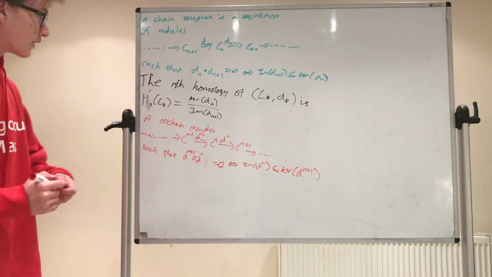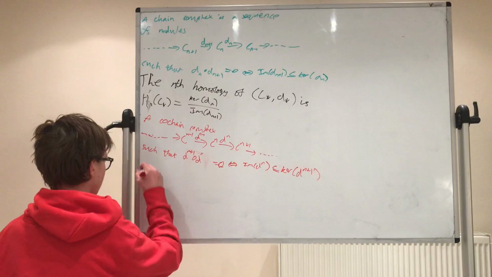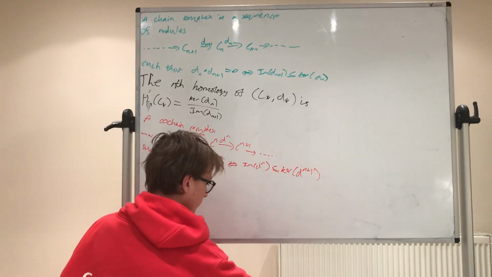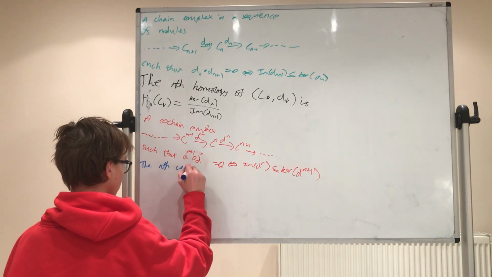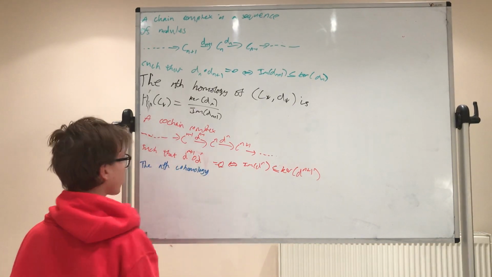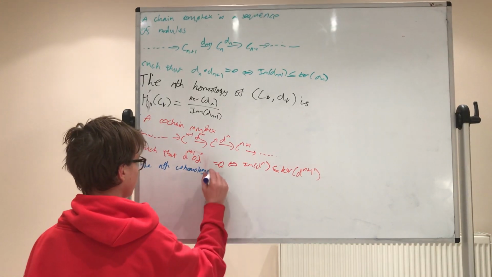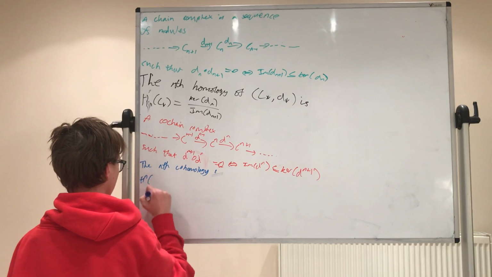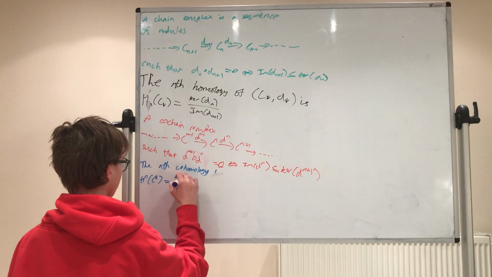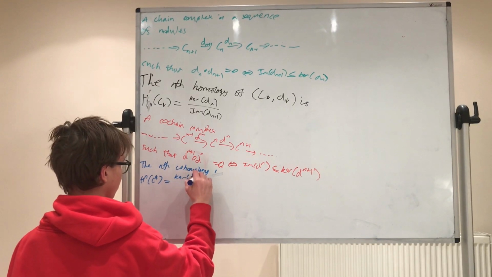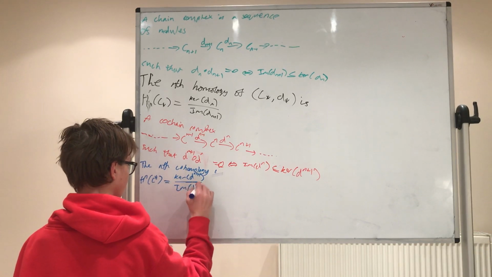Anyhow, again, we can measure the exactness with the nth cohomology. Let's use blue for this. The nth cohomology is defined as Hn of this complex equal to the kernel of dn plus 1 mod the image of dn.